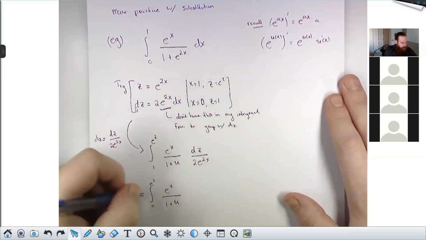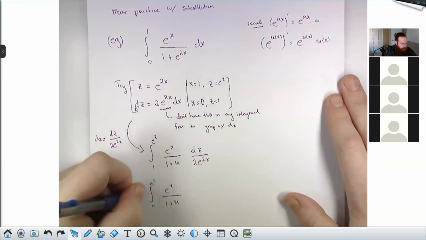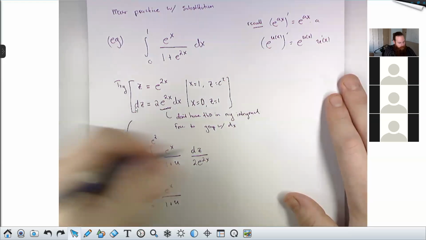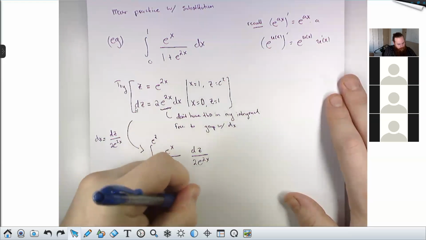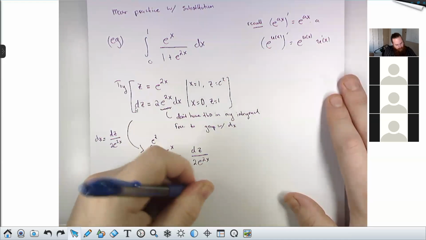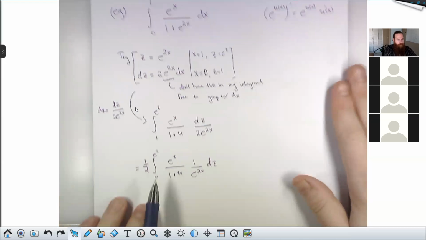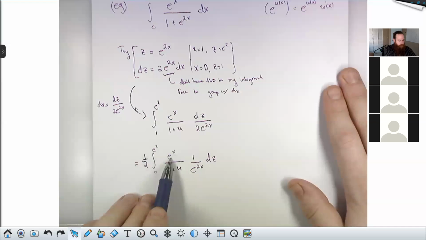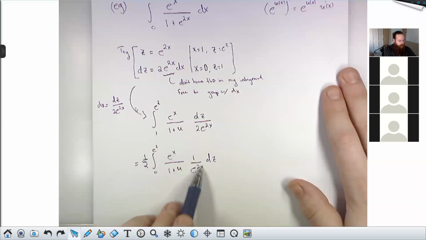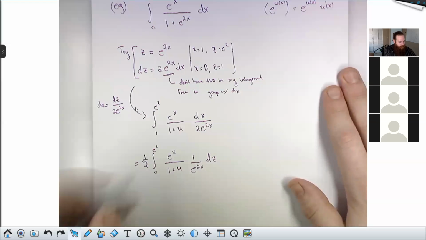I could bring out a 1/2. And then I would have 1 over e to the 2x dz. But the issue here is that these don't cancel perfectly. I could write this as e to the x times e to the x and then cancel one of them.